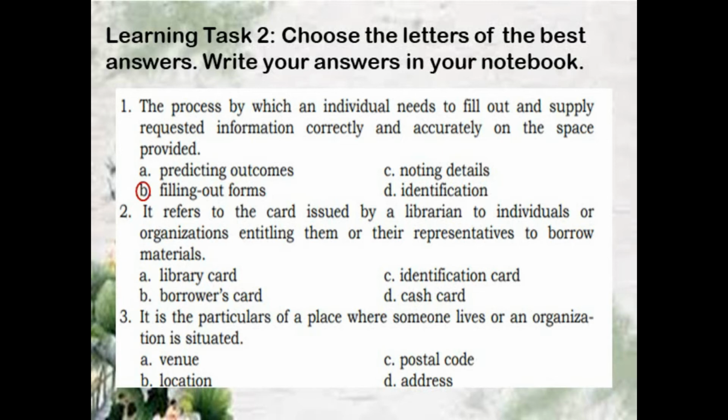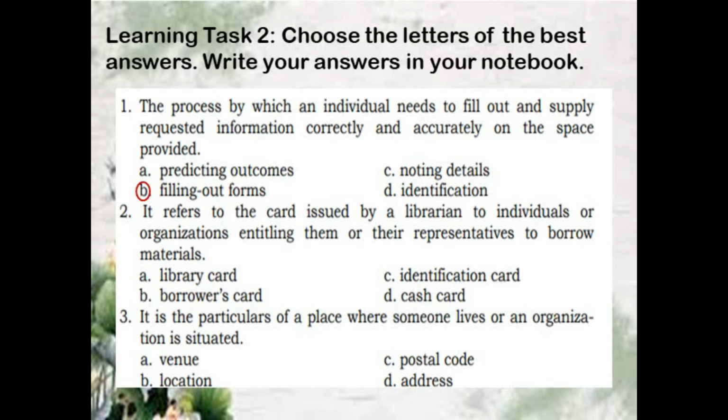Let me read it for you. 2. It refers to the card issued by a librarian to individuals or organization entitling them or their representatives to borrow materials. A. Library card. B. Borrower's card. C. Identification card.